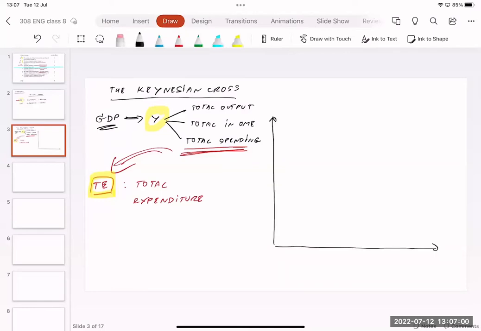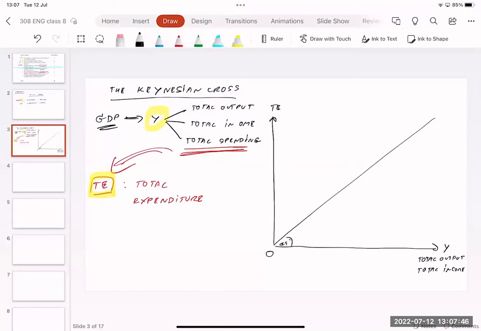On the vertical axis is TE, total expenditure, and on the horizontal axis is the variable Y, with the other meanings of Y: total output and total income. Then we're going to have a 45-degree line.